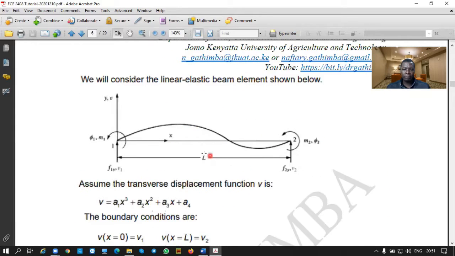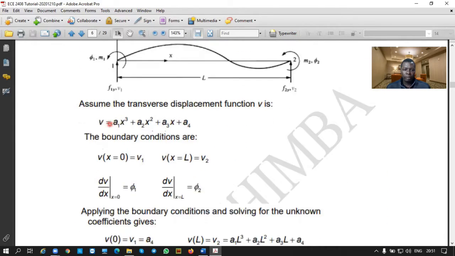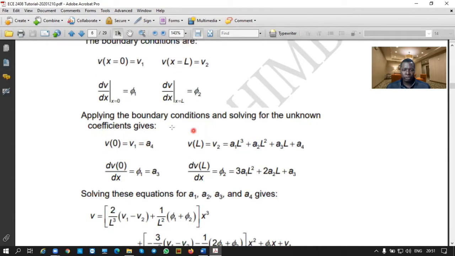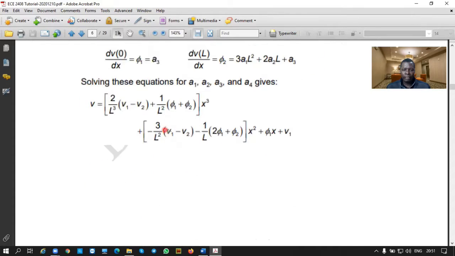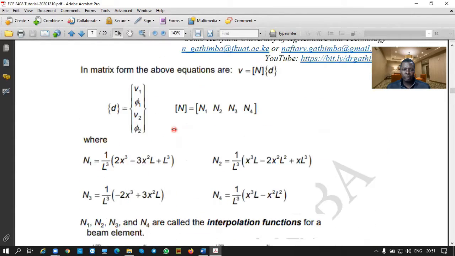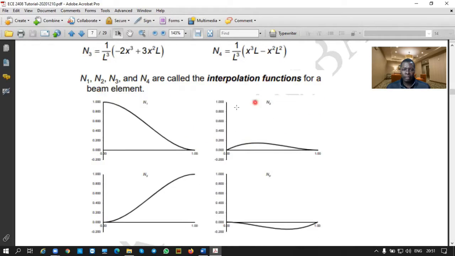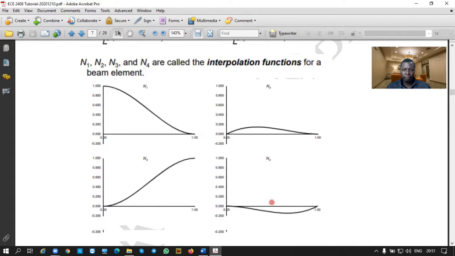This is what is repeated here: how you went about getting the constants A by applying the boundary conditions. All this derivation, we need to see these calculations. Shape function, interpolating function, and then at the end, this is where we sketch N1, N2, N3, N4.